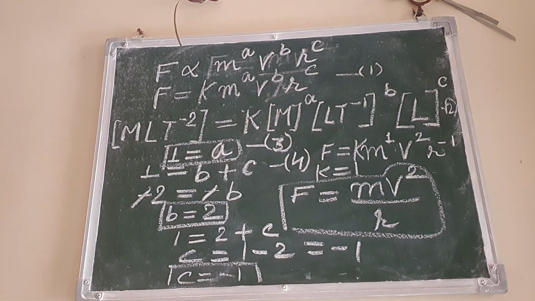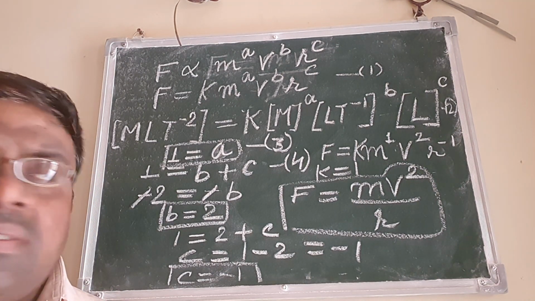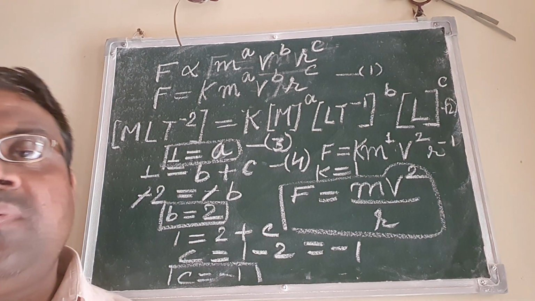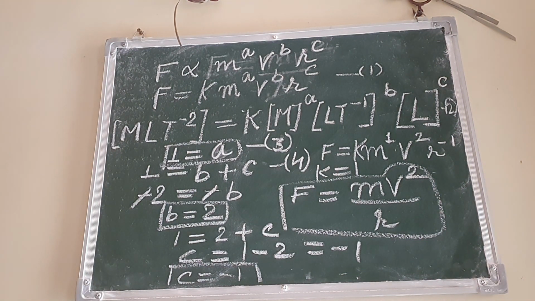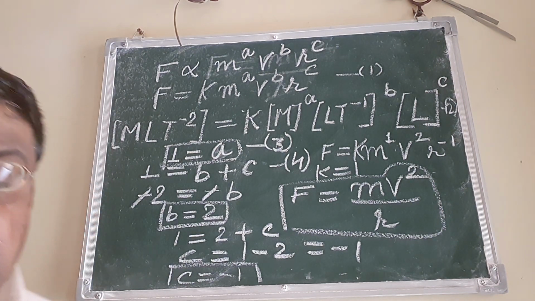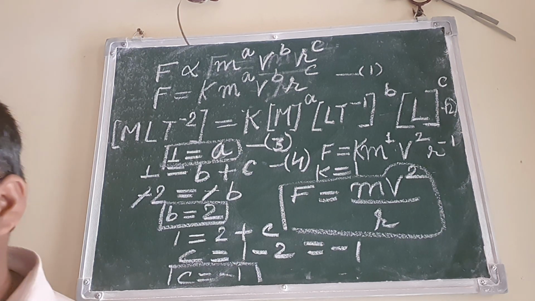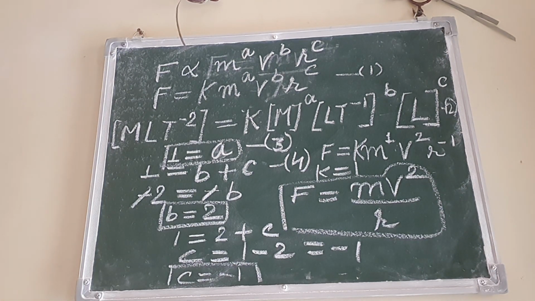Here, for simplicity, we take the constant k is equal to 1. Arranging this formula, it becomes F is equal to m v square by r. And this is the formula that we had to derive. I think you all might have understood this question, so we are proceeding to the next question.